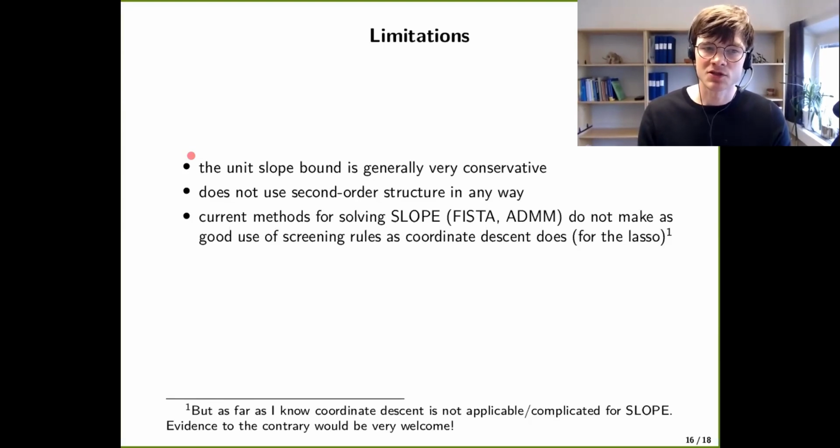Another part is that we're not using second order structure in any way. So we're only using the gradient, although we, of course, have the Hessian available for most of the problems. And for instance, for OLS, the Hessian is not even that prohibitive to use in computing. Also, current methods of slope don't really make as good use of these screening rules as, for instance, coordinate descent does for the lasso. Those are some of the problems.